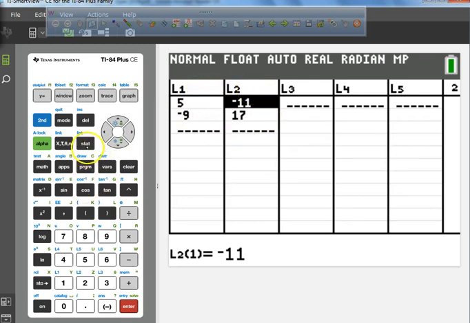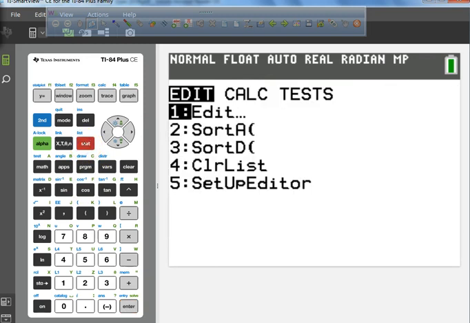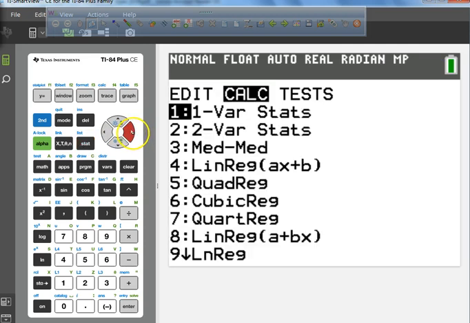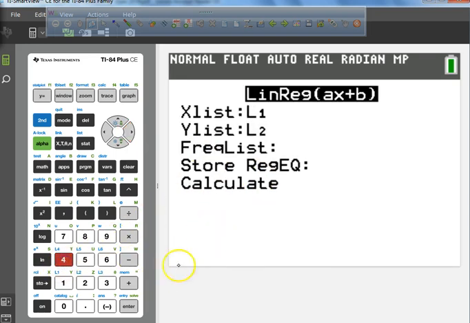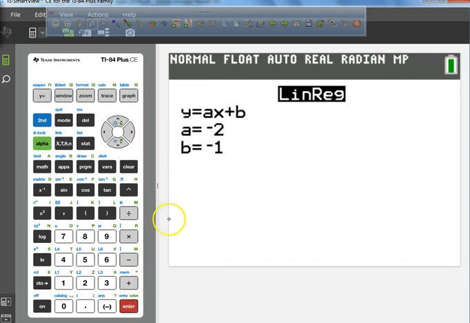Hit the stat button right there. One more time. Hit it. Move to the right where it says calculate. Number 4. Now, everybody go all the way down to where it says calculate. Press enter.